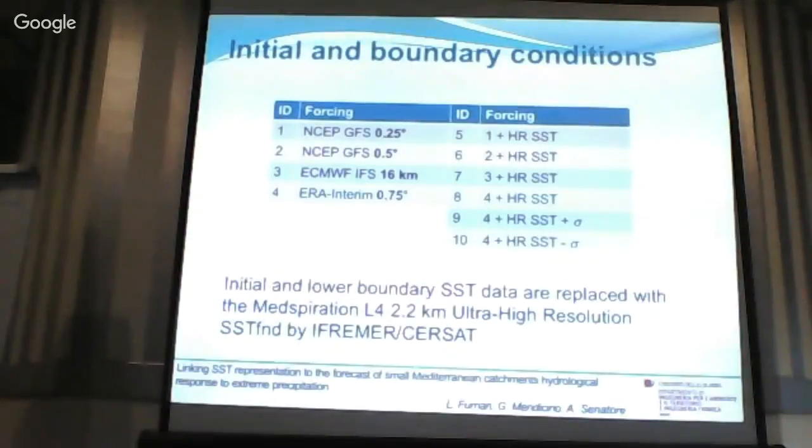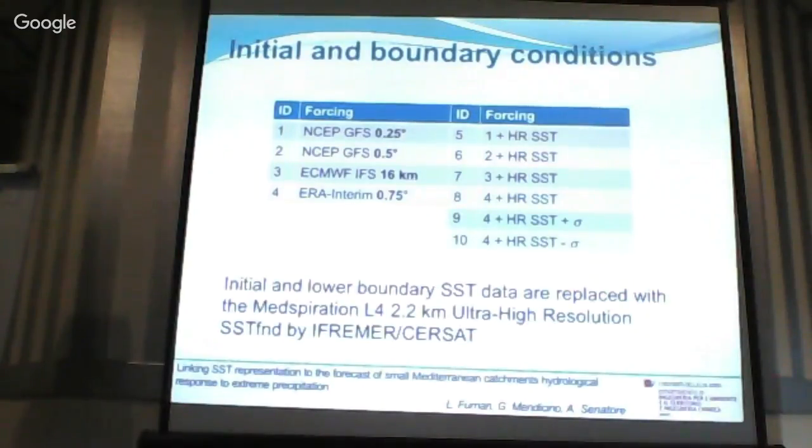And what are the initial and boundary conditions that we consider? We consider all available real-time boundary conditions. GFS, we are talking about 2015. So at that time we had GFS 0.5 and 0.25, the ECMWF at about 16 kilometer resolution.